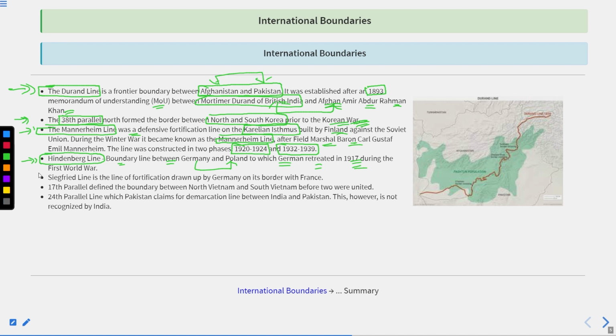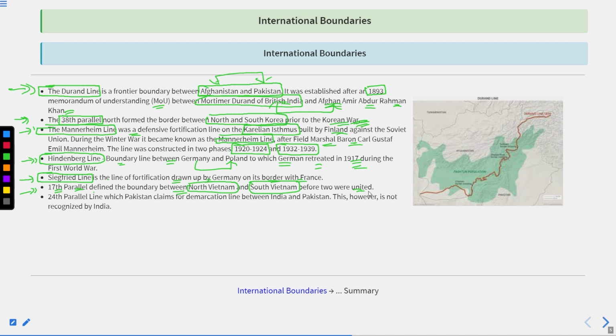Okay. After this we have the Siegfried Line. It is a line of fortification drawn up by Germany on its border with France. Then the 17th parallel, defined as the boundary between North Vietnam and South Vietnam before the two were united.